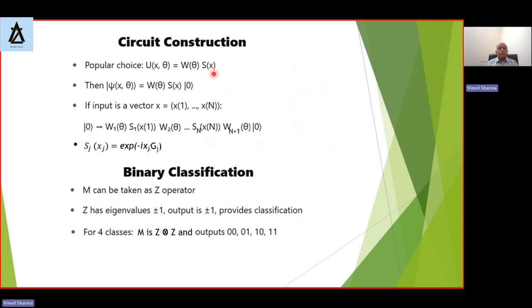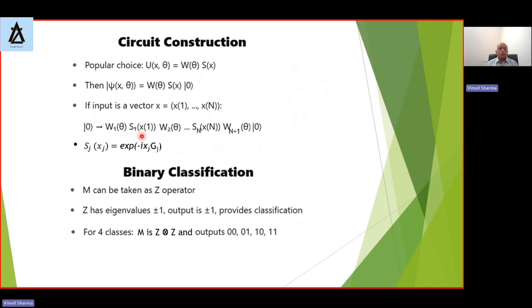Now, if instead of x as a scalar, x is a vector, x1 to xn, then this can be generalized to, instead of being W(theta) S(x), we can have W1(theta), W2(theta), up to W(n+1)(theta), corresponding to these n, and S1(x1). So this x has components x1 to xn.